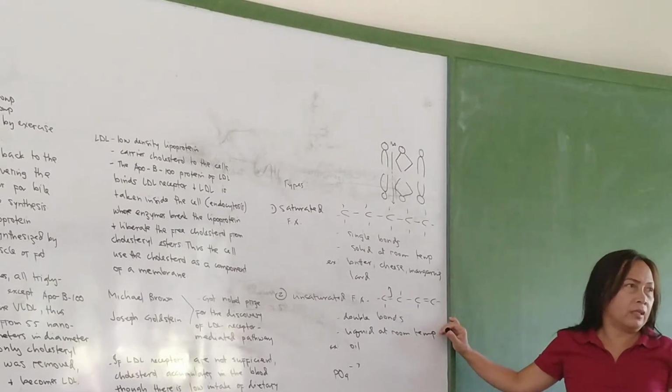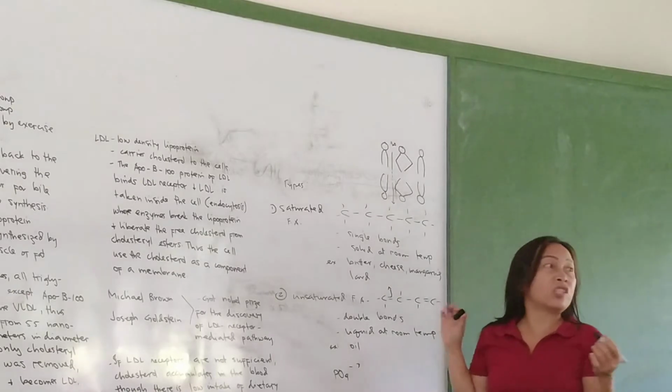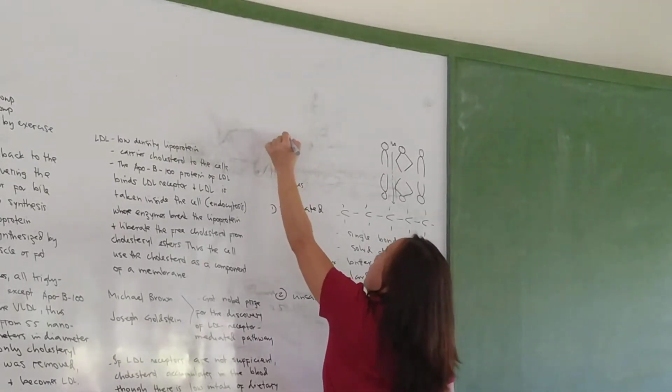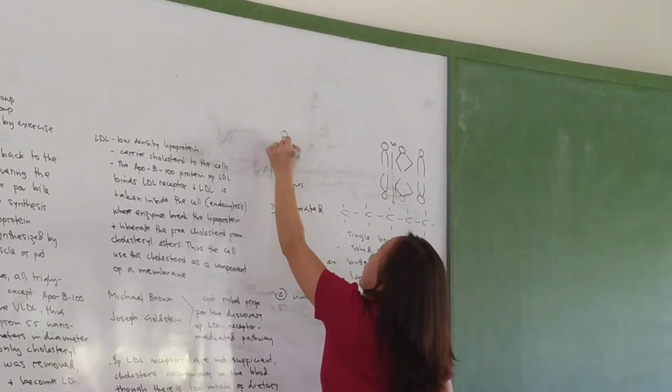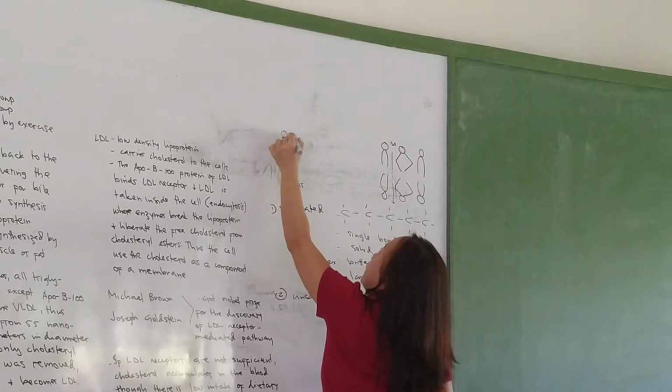Why is it that the membrane must be fluid-like? Now, if the membrane is solid-like, the structure is very, very close, very tight.